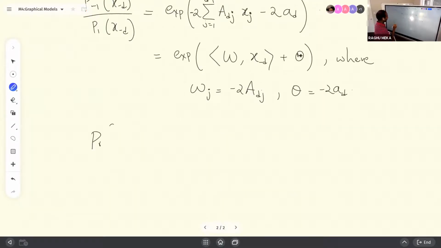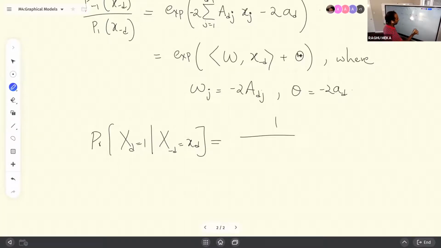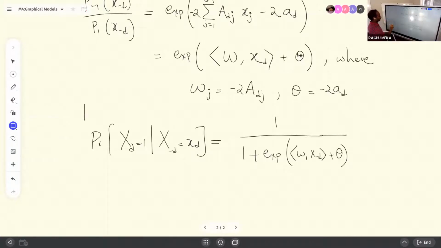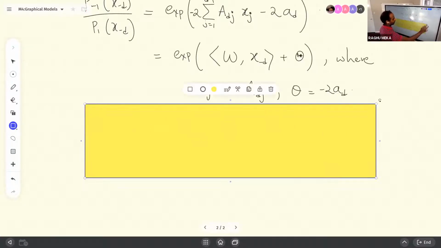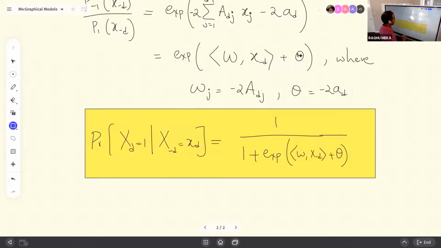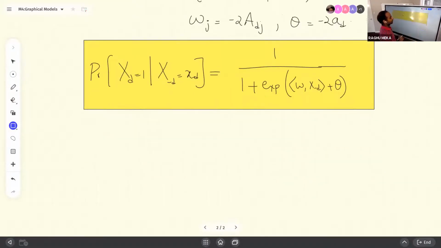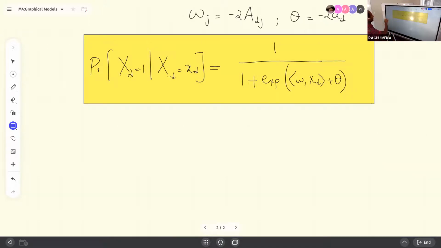So by Bayes' rule, it is actually 1 divided by 1 plus... okay.